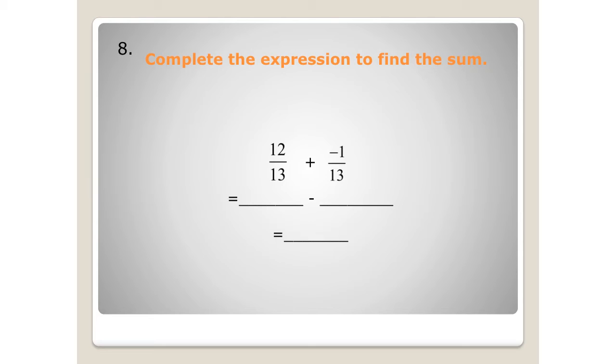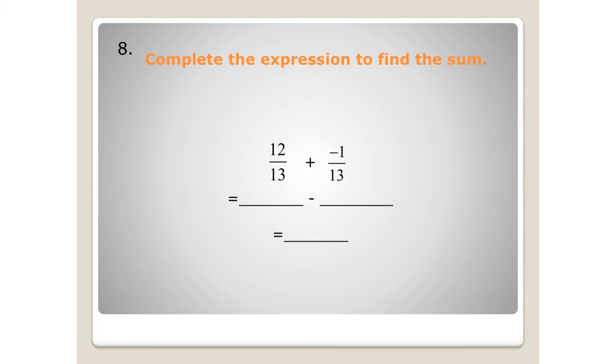Question 8. Don't get scared with the fractions. If you notice these fractions, it's an adding problem, but they already have a common denominator. Fractions must have a common denominator in order to add or subtract them. So we're going to leave the common denominator alone, and we're going to focus in on the numerators.